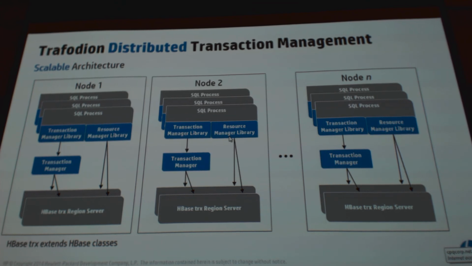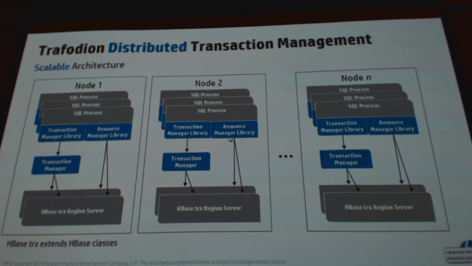There was a project called HBase TRX that some of you might be familiar with, that used to be in HBase and it was taken out and put aside. It supported local region transactions. We had infrastructure that we had implemented in our database. We provided full XA support for distributed transactional support. So we married the two together, and that's what our implementation is.